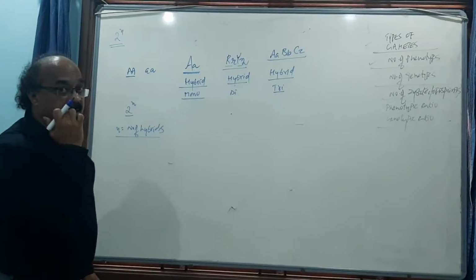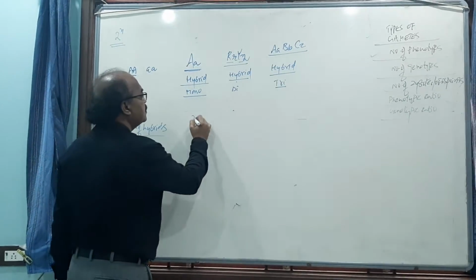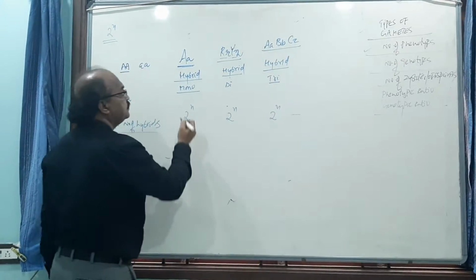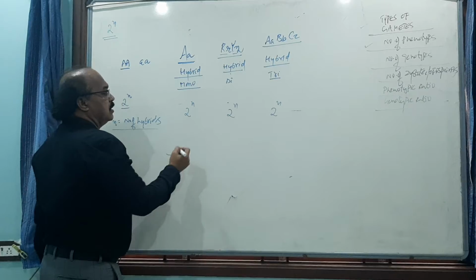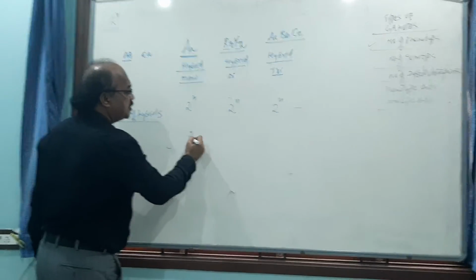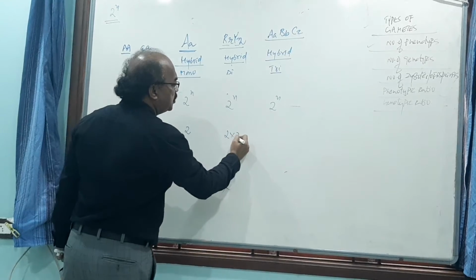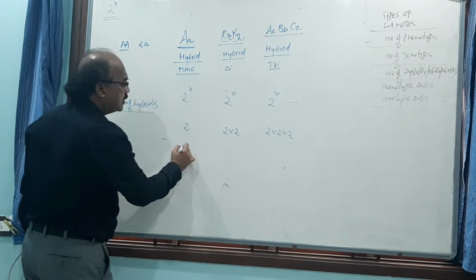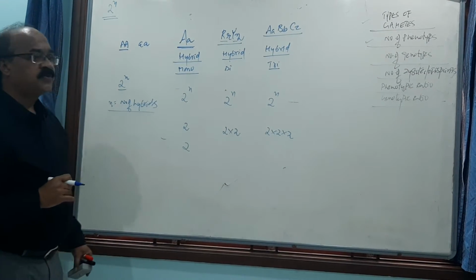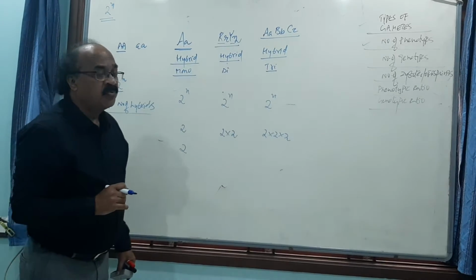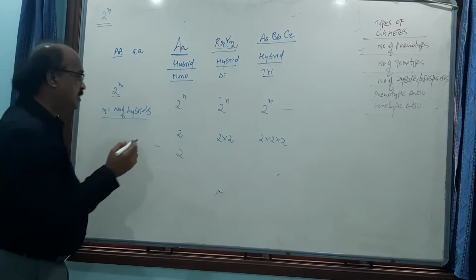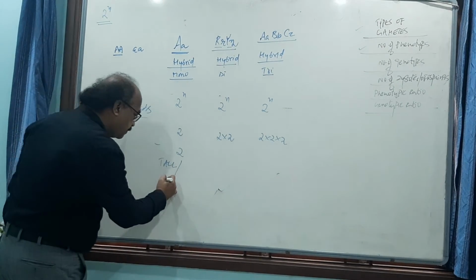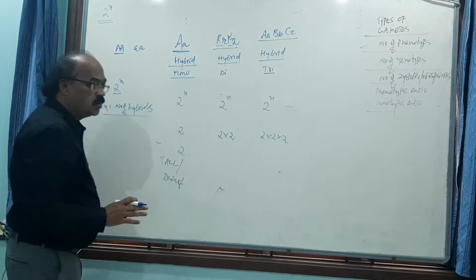Monohybrid is 2, dihybrid 2 into 2, trihybrid 2 into 2 into 2. In the monohybrid cross you are getting 2 types of phenotypes. What are those phenotypes? Tall or dwarf.